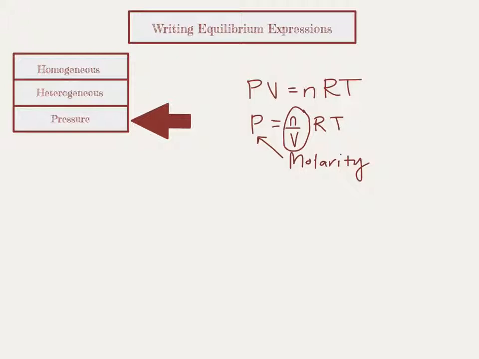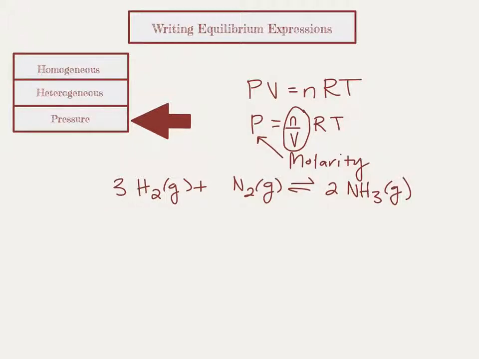But so we don't get confused as to what units we're using, we need to use different letters. If we have an equation like the one we were using before, with the hydrogen gas and the nitrogen gas yielding 2 ammonias, we can write the equilibrium constant's pressure version by including the partial pressures of each individual species instead of their concentrations.